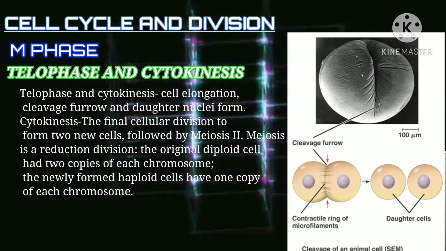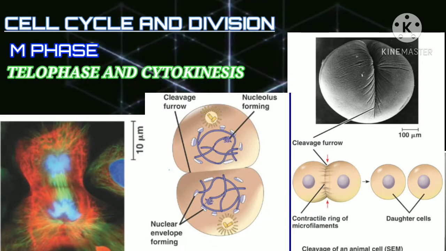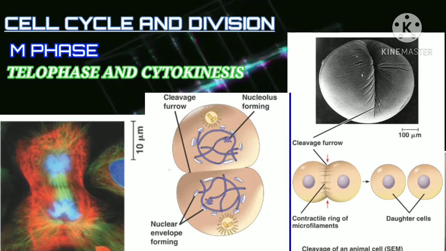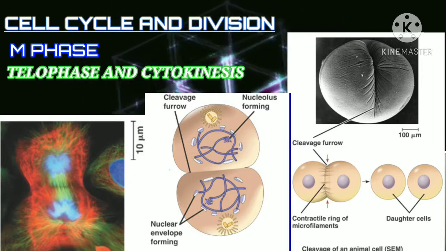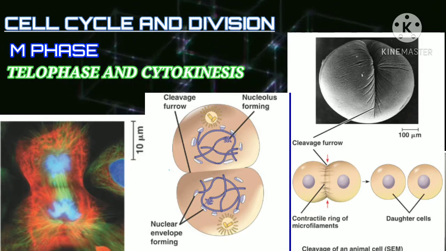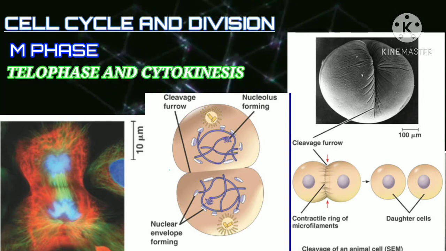Cytokinesis is the final cellular division to form 2 new cells, followed by meiosis. Meiosis 1 is a reduction division. The original diploid cell had 2 copies of each chromosome. The newly formed haploid cells have 1 copy of each chromosome.